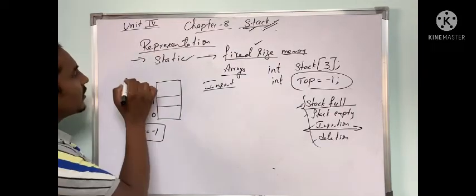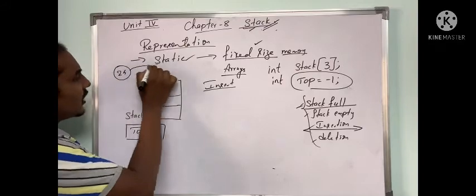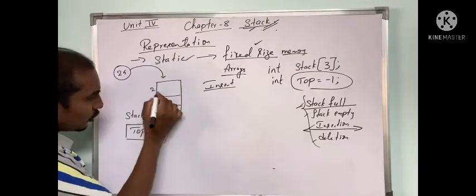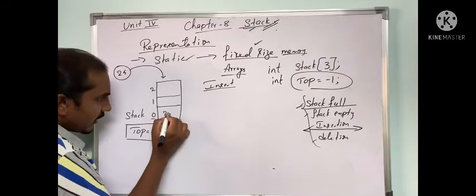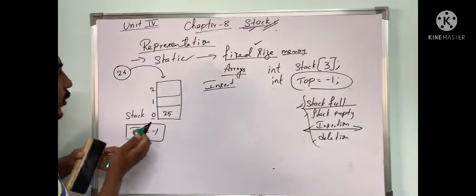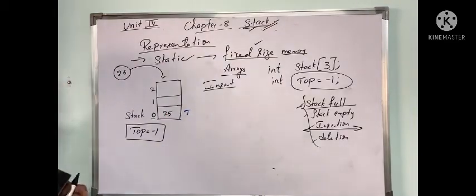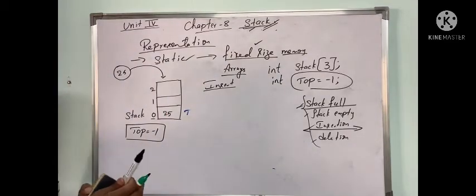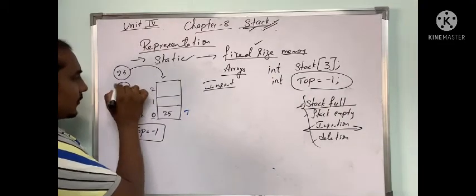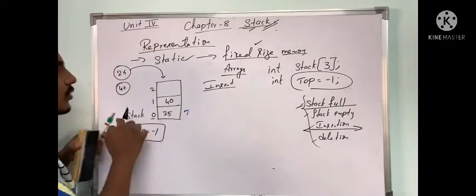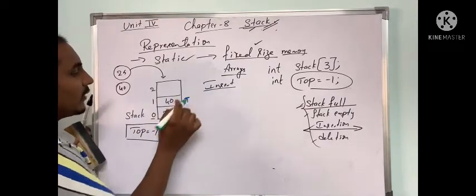Say, for example, if I add 25 as the first element, it will go to index 0. So I get 25 here, and top will be at position 0. Next, when I add one more element, 40, top will be incremented and will be at position 1.